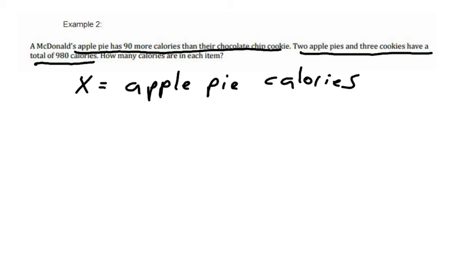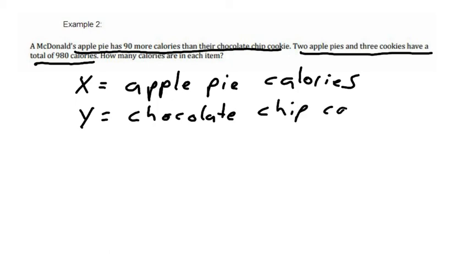And again, you could use any variable you want. You want to use A, you want to use P, whatever. I'm going to say that Y equals my chocolate chip calories. Okay, so I've defined my two variables.